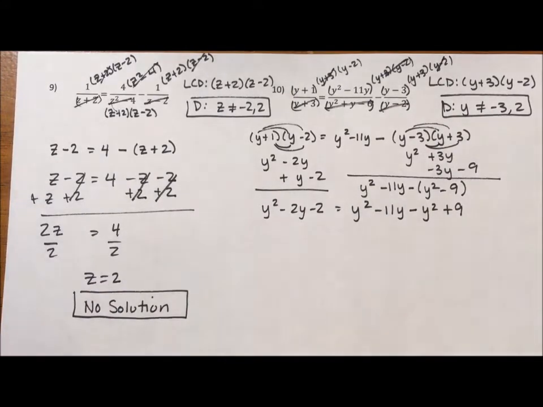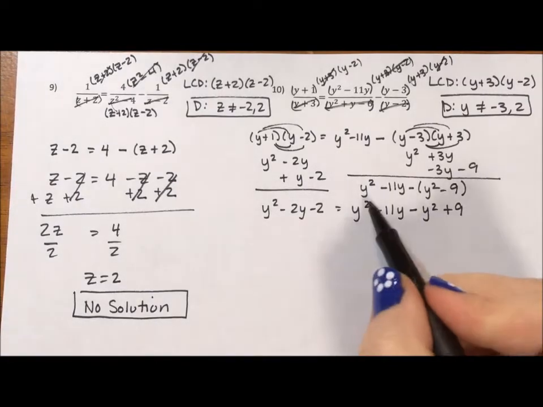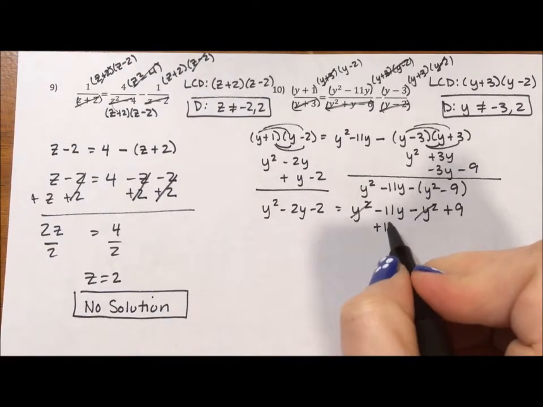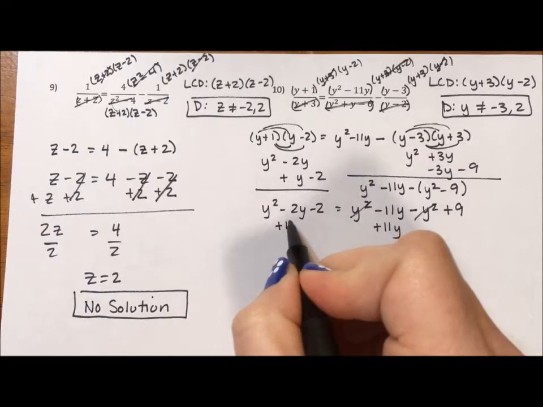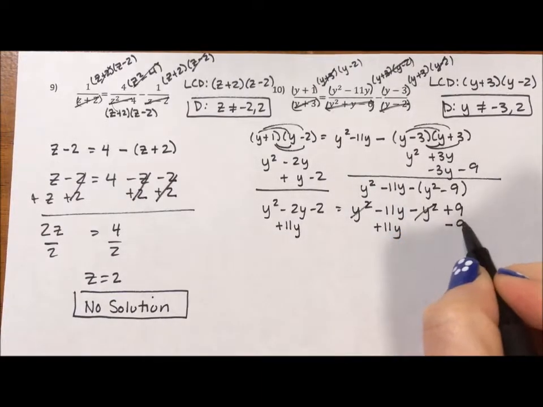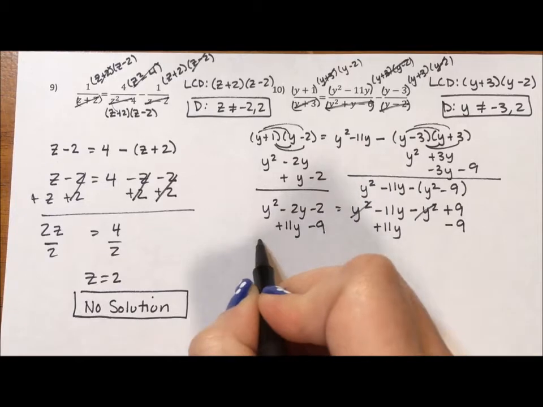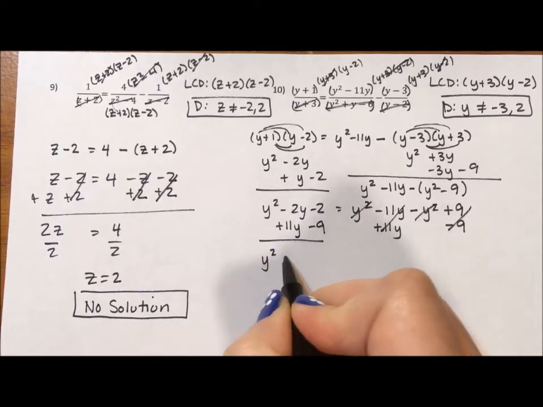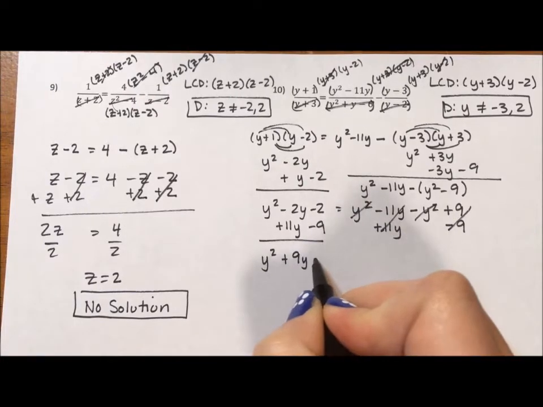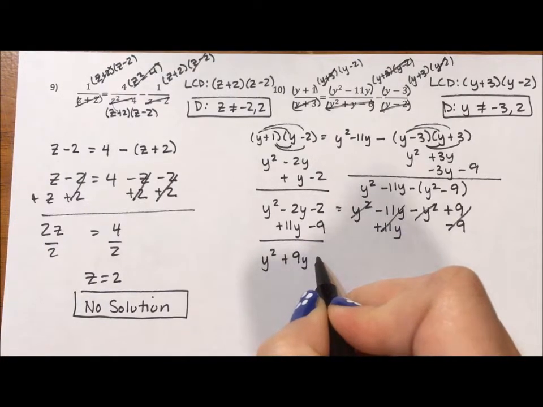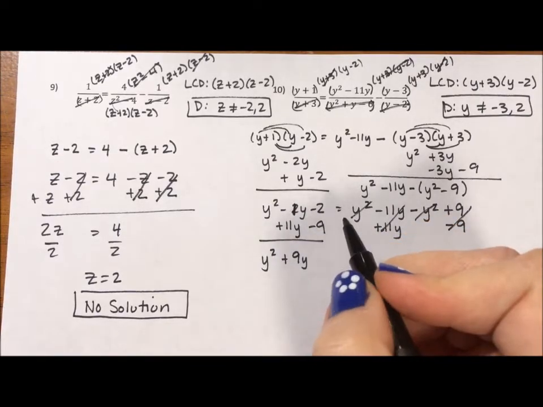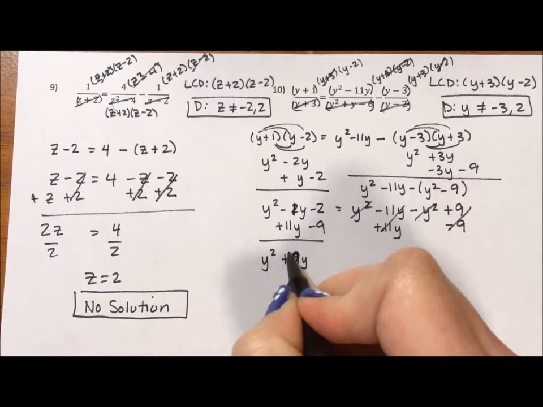We have to distribute that negative. Y squared minus y squared cancels. I'm going to add 11y to both sides. I'm going to subtract 9 from both sides so that I have y squared plus 9y. This should be a minus 1, and this should be a 10.